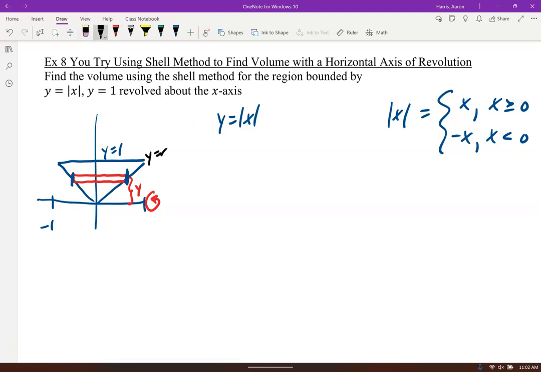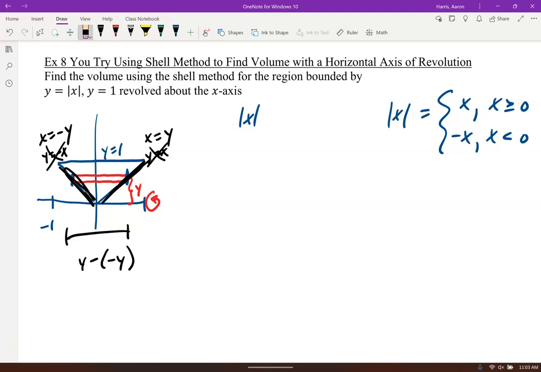So if this is y equals x, this is y equals negative x. Now remember, we have to solve this in terms of y, so x is in terms of y. So I have right minus left: y minus the negative y. And that's my shell height.